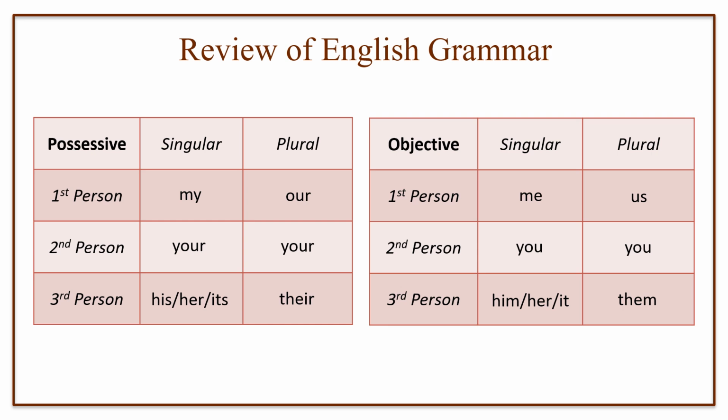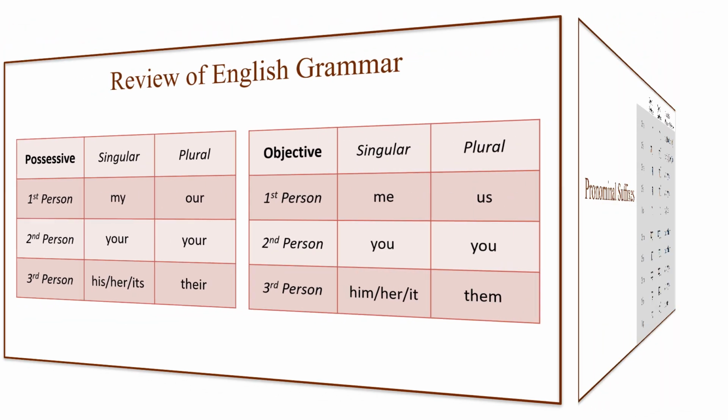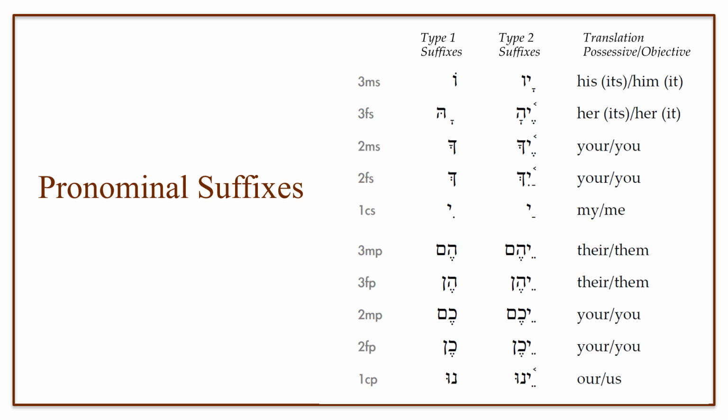Now, how are those communicated in Hebrew? Here we have the Hebrew pronominal suffixes. So these can be either objective or possessive. And we have written here, starting with the third persons on the top of each chart.